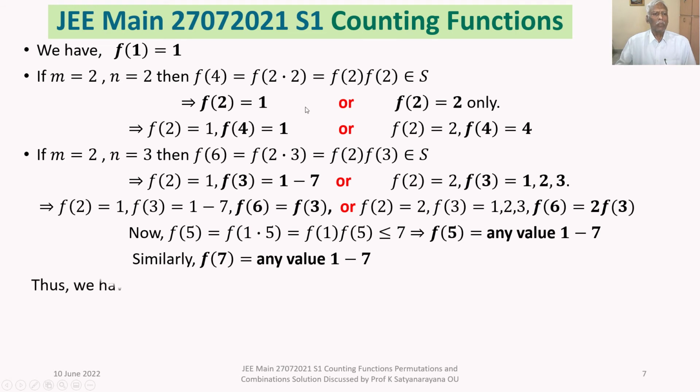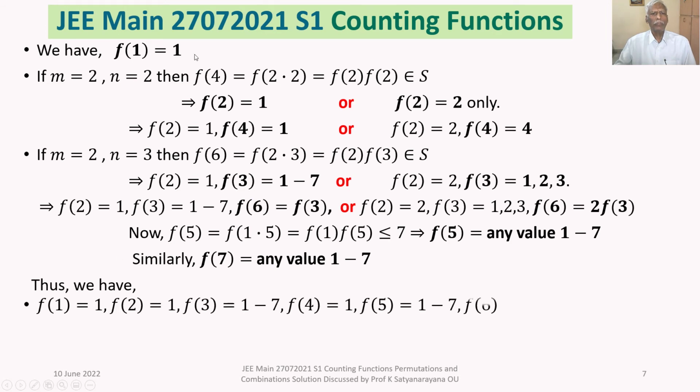So far, what is the situation? We have two branches, so write down the two branches. In the first branch, f of 1 is 1, f of 2 is 1, f of 3 is 1 to 7, f of 4 is 1, f of 5 is any value from 1 to 7, f of 6 is f of 3, f of 7 is any value from 1 to 7.